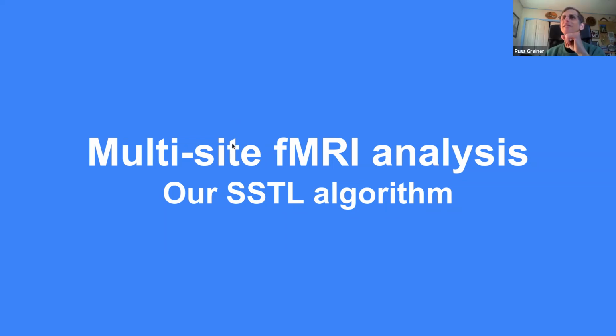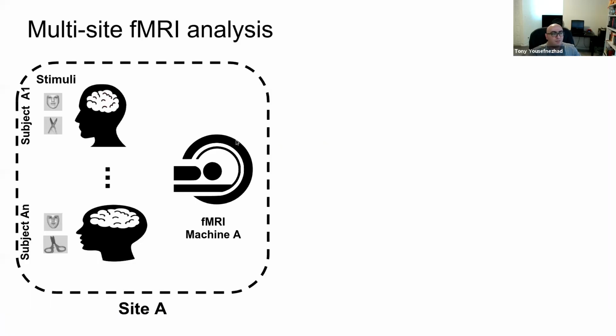All right, let's talk about what multi-site fMRI analysis is. All of the story you just heard was about site A, a hospital in Edmonton, or, I'm coming from Iran, in Tehran or somewhere, right? And all of the things we have done were based on a single fMRI machine.